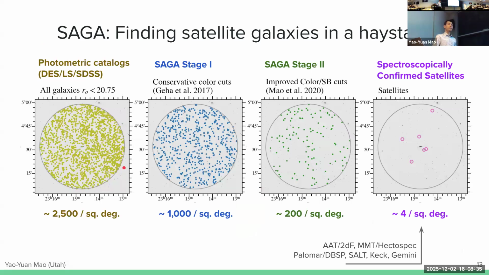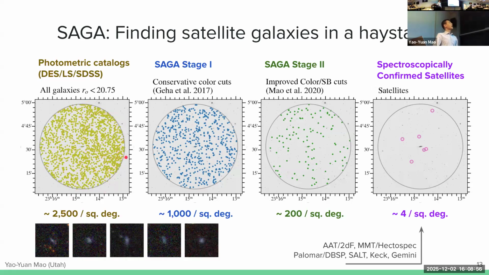That is challenging because, as I told you, there are a lot of galaxies in the field of view at a fixed apparent magnitude. At the SDSS apparent magnitude limit, if I take all the galaxy sources from a photometric catalog, there are about 2,000-something per square degree. By the way, it turns out that the field of view for those galaxies is roughly about a square degree.